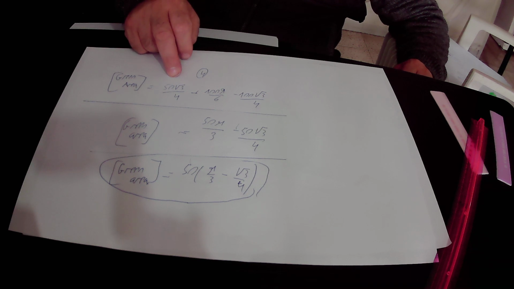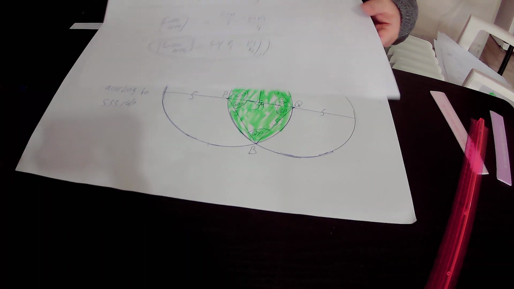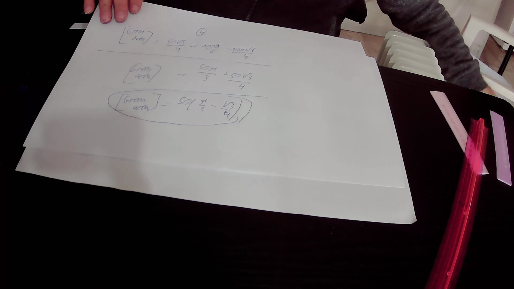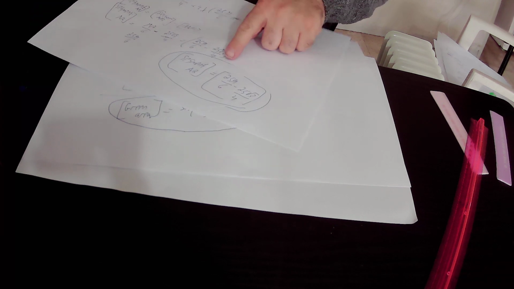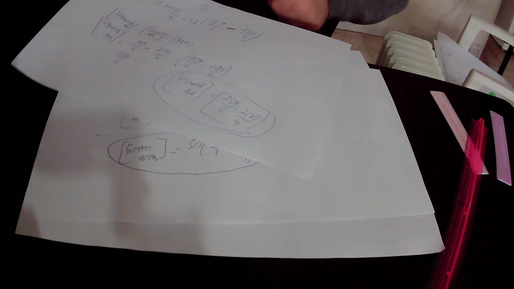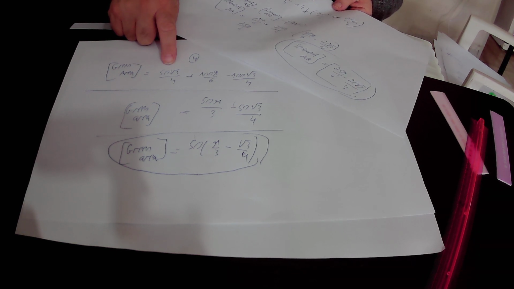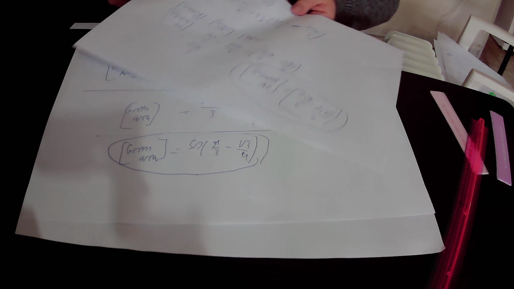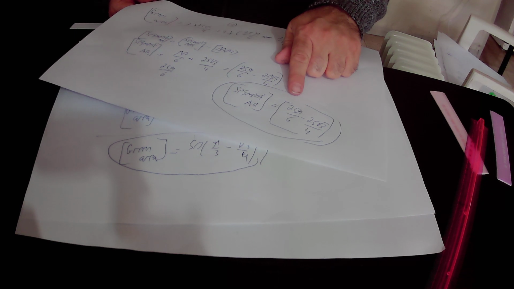And in order to find out the area of the green shape, we will add the area of the two triangles, that is actually 50 times square root of 3 over 4, plus 4 times the area of segment AQ. Again, the area of the two equilateral triangles equals 50 times square root of 3 over 4, plus 4 times the area of segment AQ.